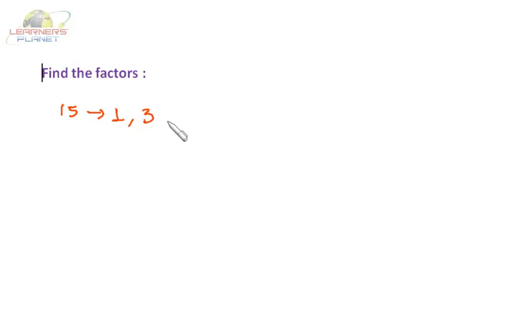Now let's see for 5. 5 1s are 5, 5 2s are 10, and 5 3s are 15. That means 15 is there in the table of 5. So 5 is a factor of 15.